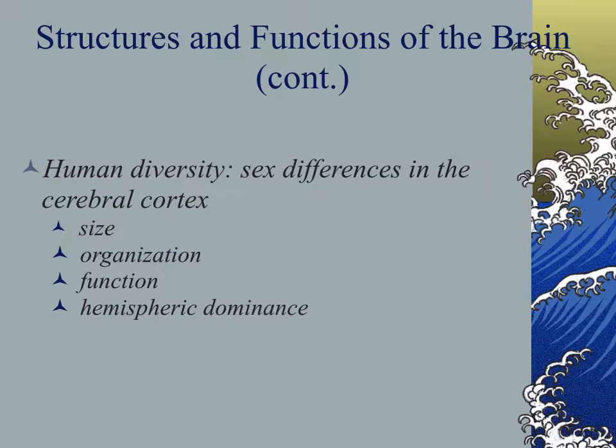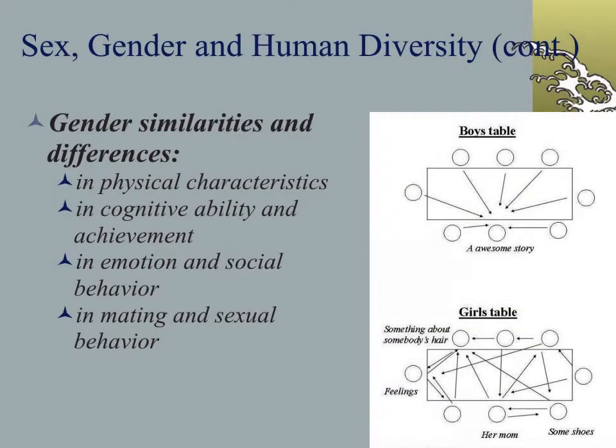But there are also studies on the dominance of which side, right versus left brain, people use, and which parts of the brain are doing different things. So there are some interesting gender findings, like, for example, physical characteristics, in terms of the image that's shown here, communication patterns, even things with emotional behavior.